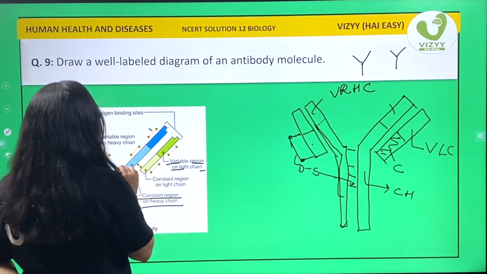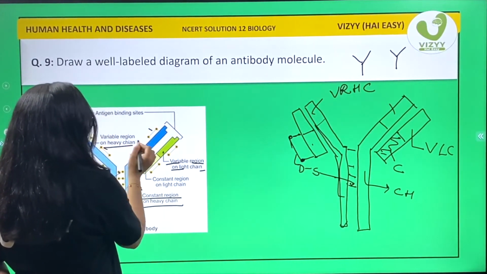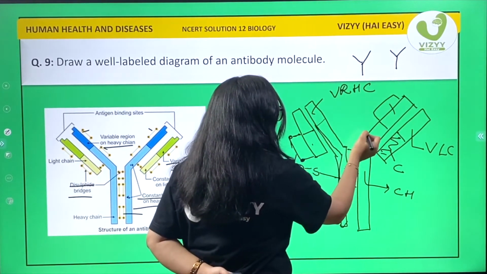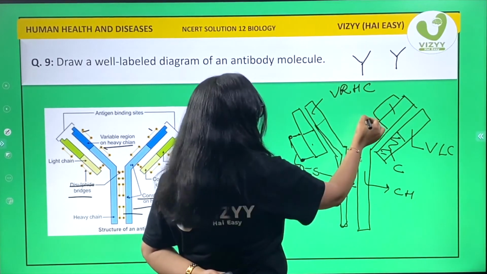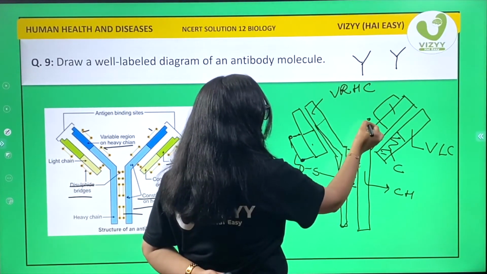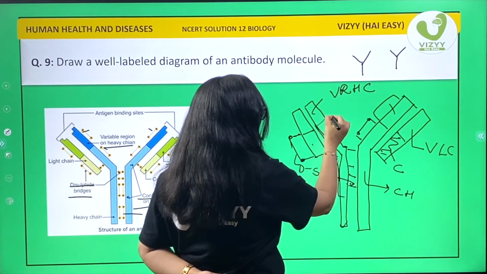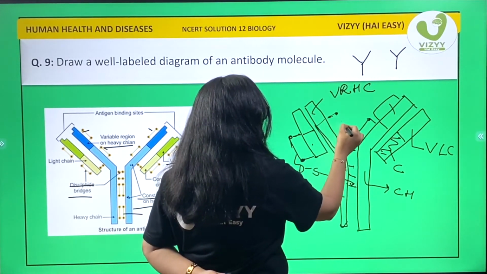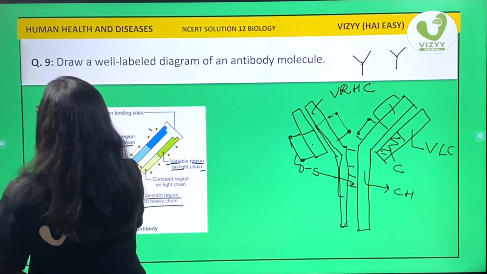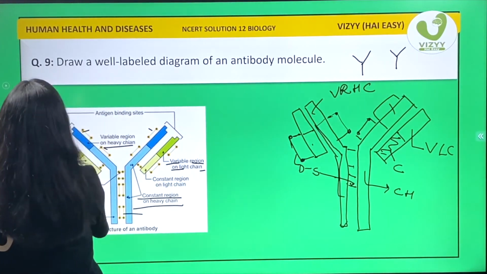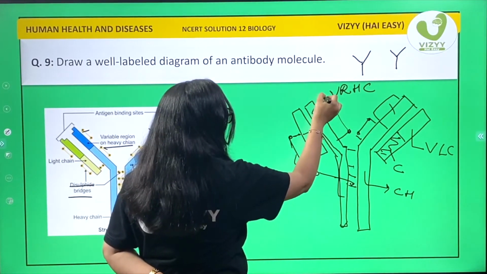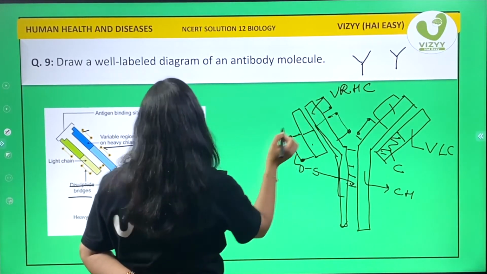Okay? Okay, students? Done. Now, remember, there are disulfide bridges on each side of constant and light chains. Like this. Okay?